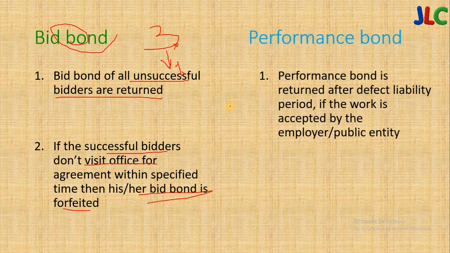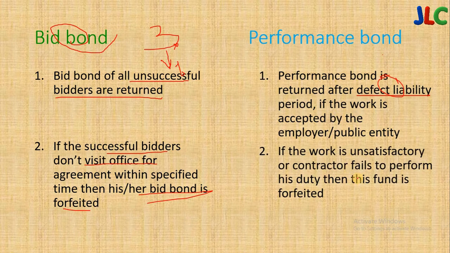Performance bond is returned after the defect liability period. It means 1 year, but its validity is for 13 months if the work is accepted by the public entity. But if the work is unsatisfactory or if the contractor fails to perform the task, then his performance bond is forfeited.